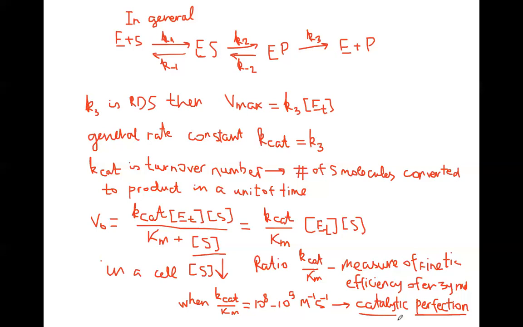So what happens if the substrate bumps into the enzyme on the side opposite from the active site? What do you think will happen? It will just bounce off the enzyme and be on its way.